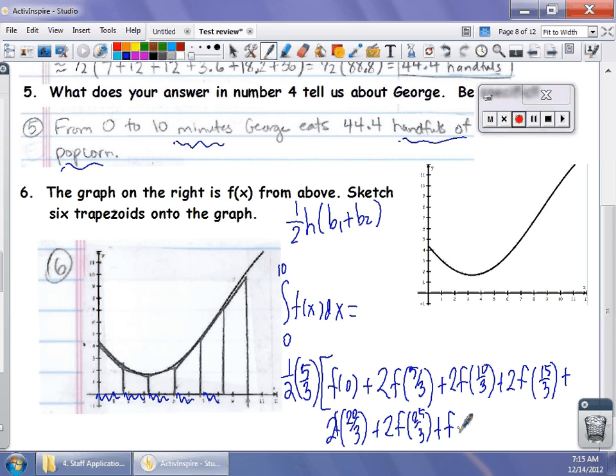So f of 30/3, which is 10, so I know that I'm at the end. And I'm not going to approximate those, but that's how you would set up the trapezoidal approximation.